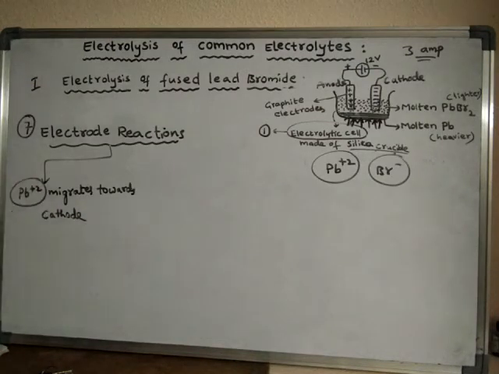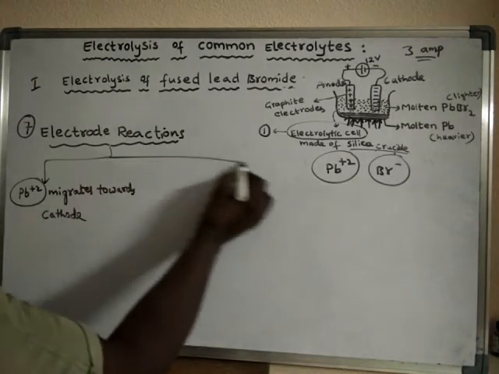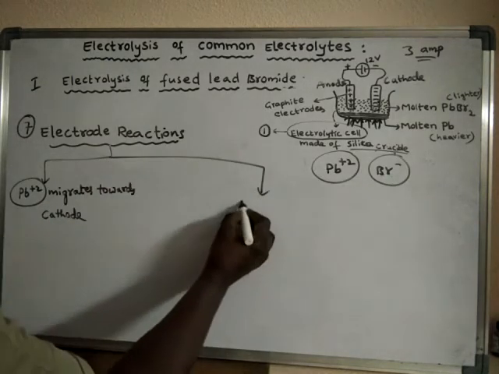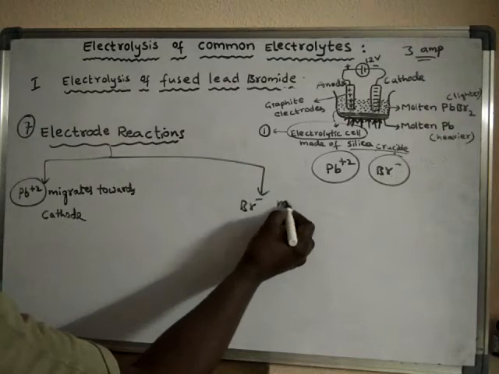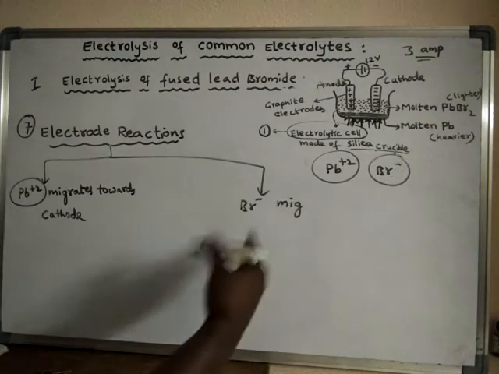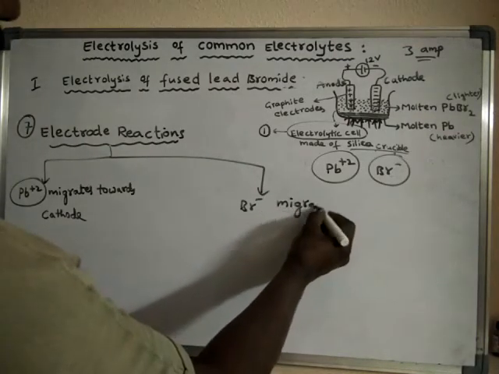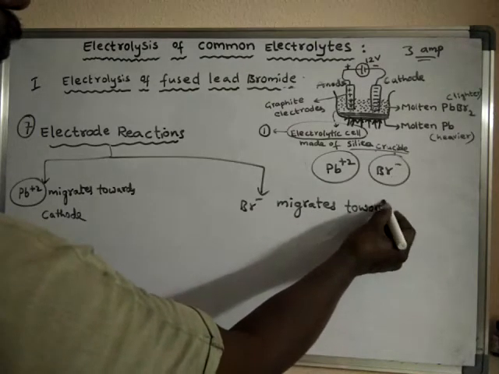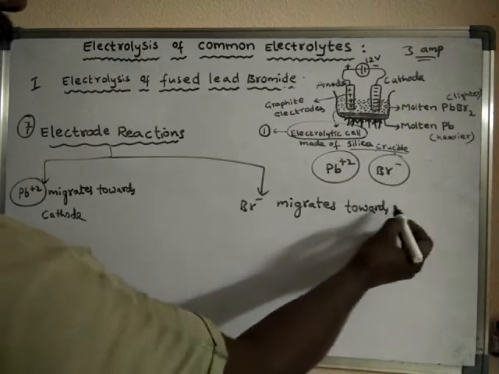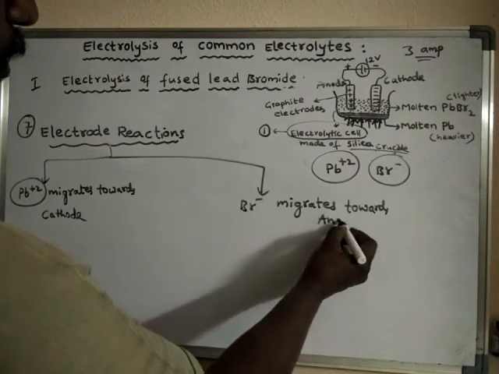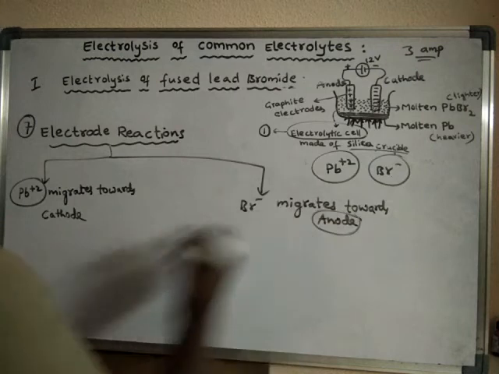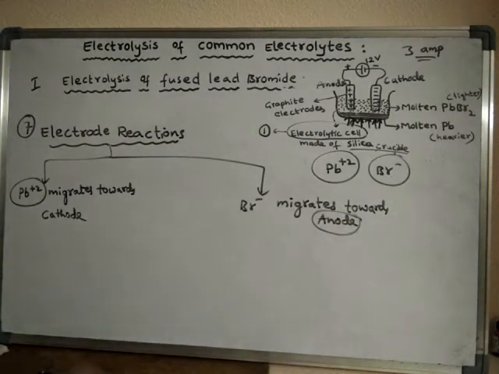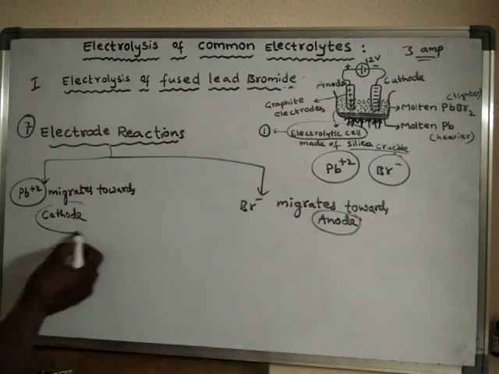Cation always migrates towards the cathode. And Br minus migrates, migrates means moving, towards the anode, because anode is a positive electrode and cathode is a negative electrode.